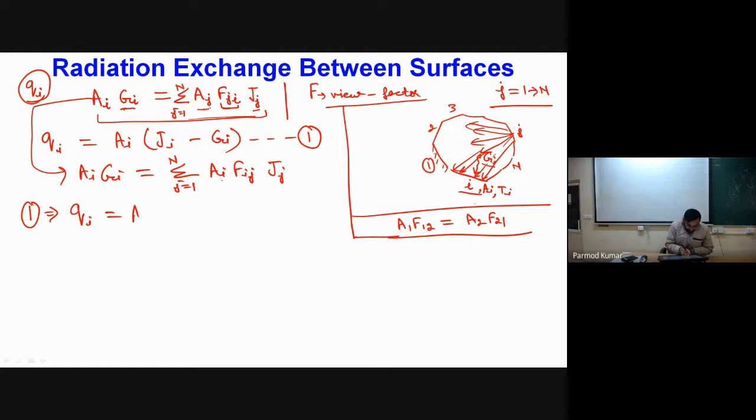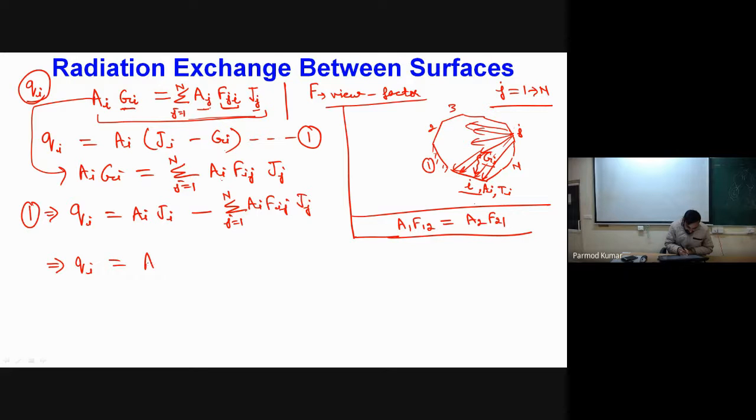Qi will become Ai, I can take common, Ji minus, or let me multiply Ai individually. So Ai into Ji minus Ai into Gi will become summation j varies from 1 to n of Ai into Fij into Jj. Now let me do one more manipulation.